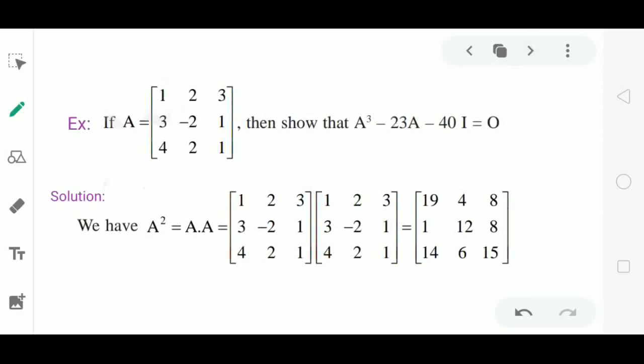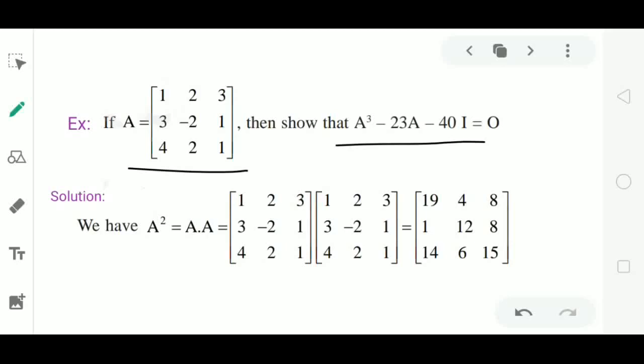Next example, we have matrix A. Now we have to show that A cube minus 23A minus 40I is equal to 0. We already know that A into A is matrix A square.